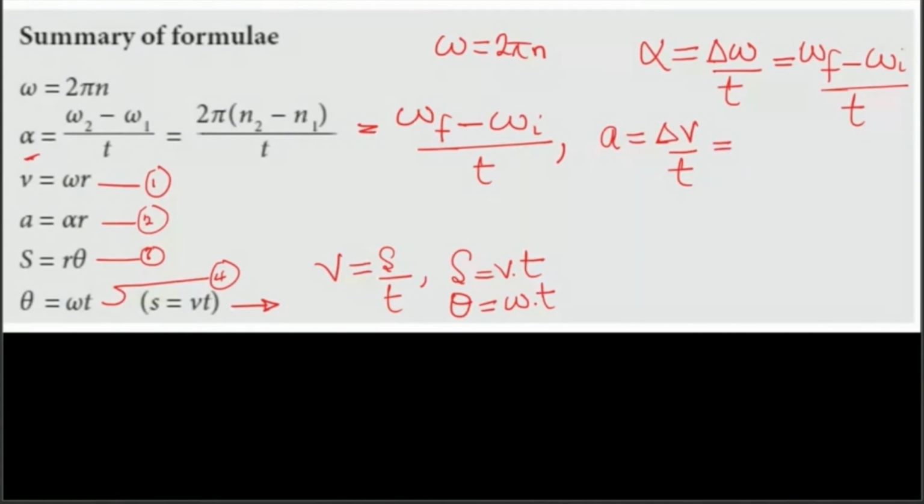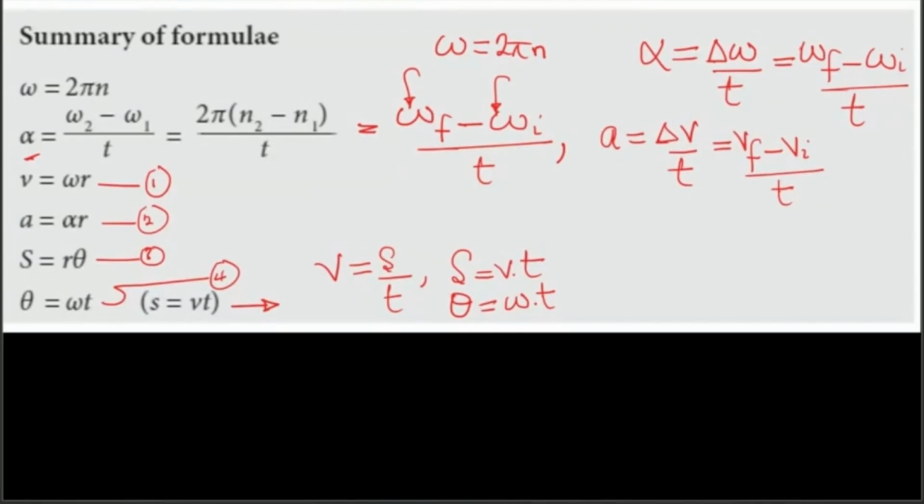With the linear, it is the final velocity minus the initial velocity divided by time. The final velocity becomes the final angular velocity and the initial velocity becomes the initial angular velocity, then divided by time. So most of the formulas are generated from the linear quantity concept. It's still the same thing.